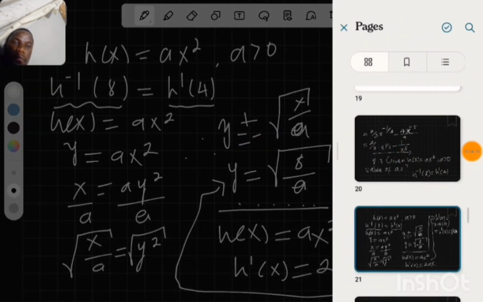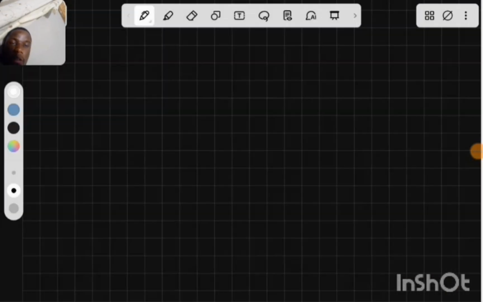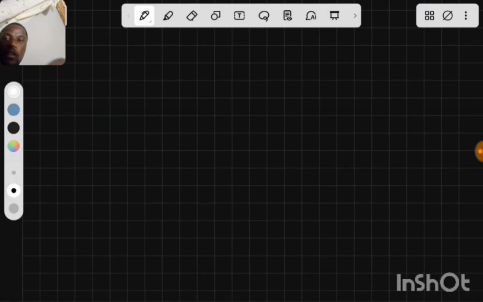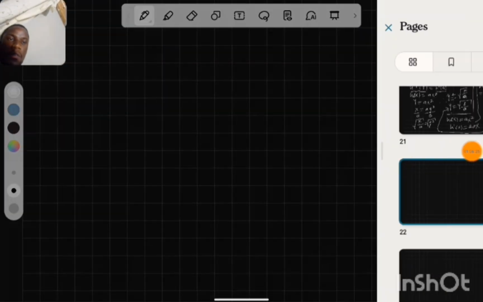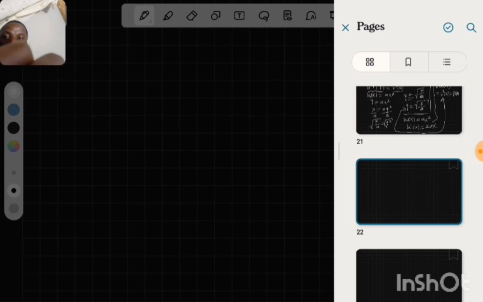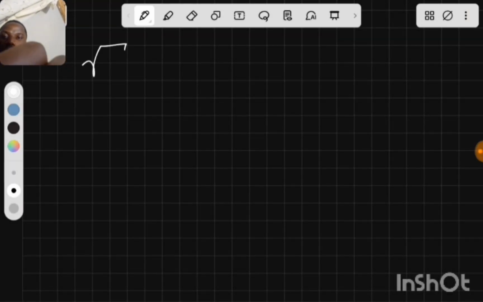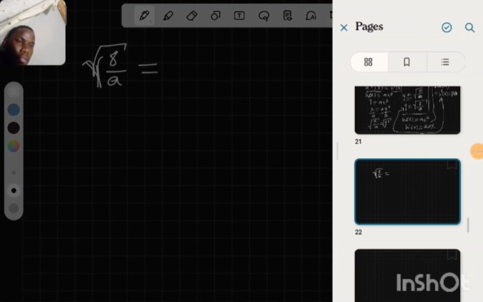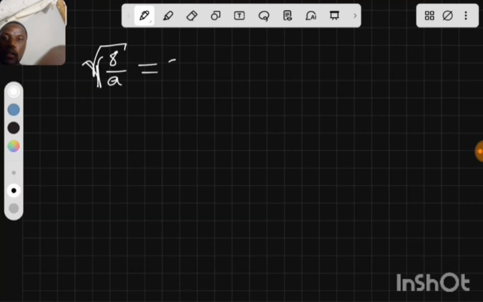Let me check them again. You can say the square root of 8 divided by a is equal to 8a. Then you solve for a. If you want to solve for a, you can introduce the square.